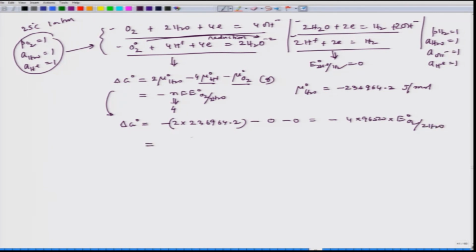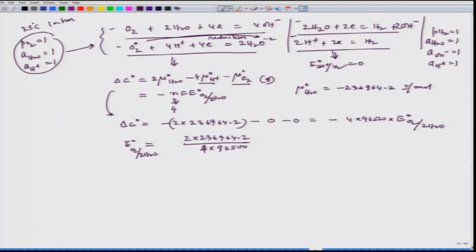So, then we get E0 oxygen to H2O equal to 2 into 236,964.2 divided by 4 into 96500.